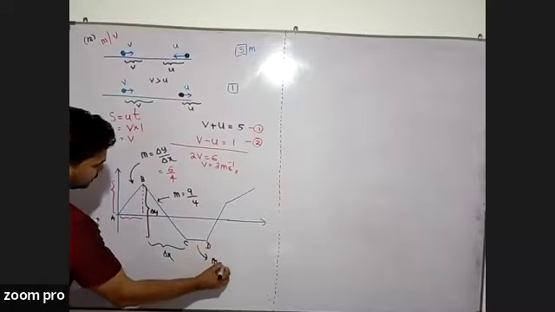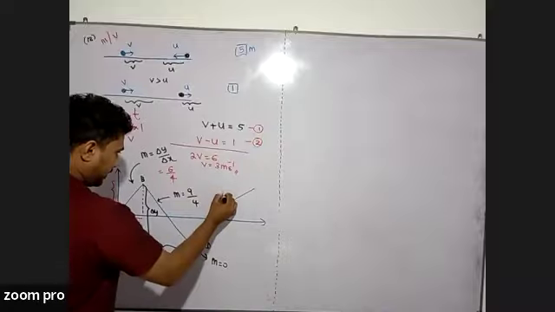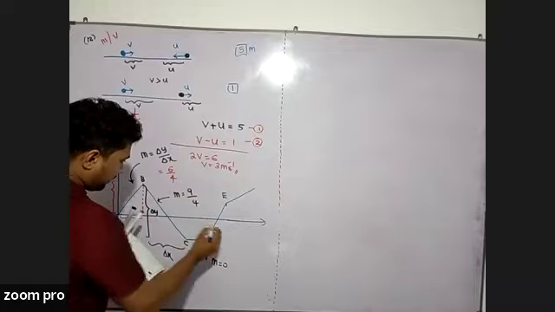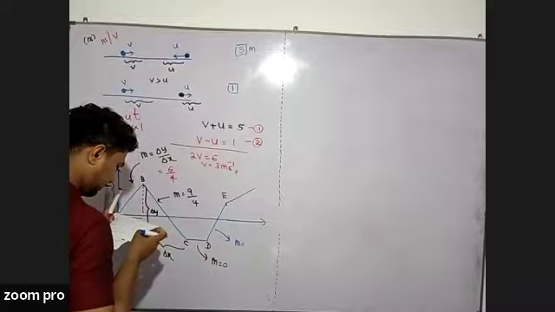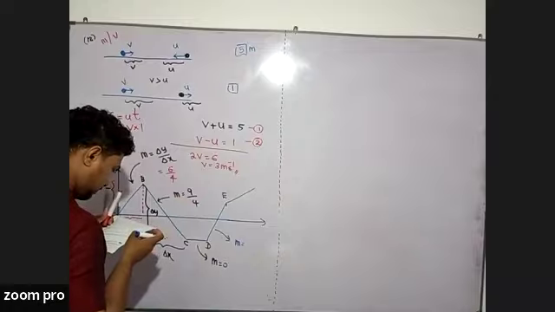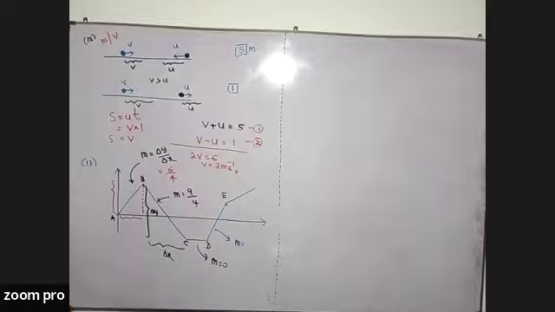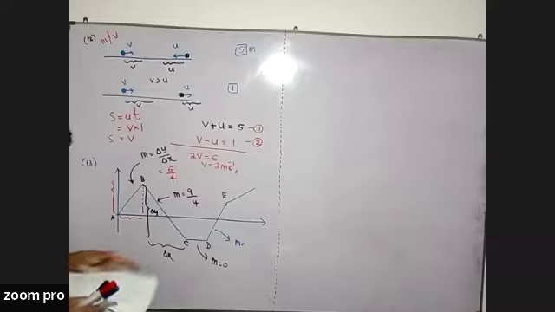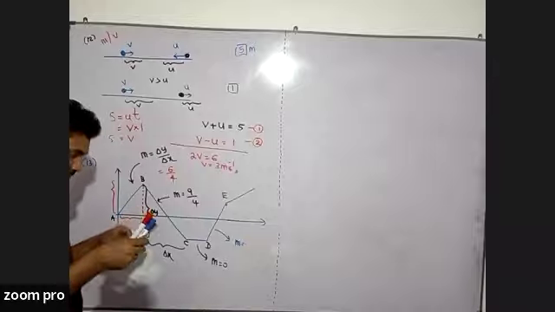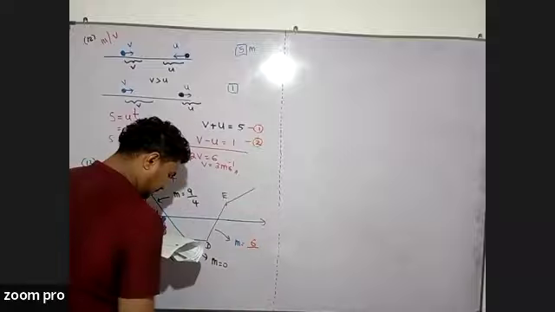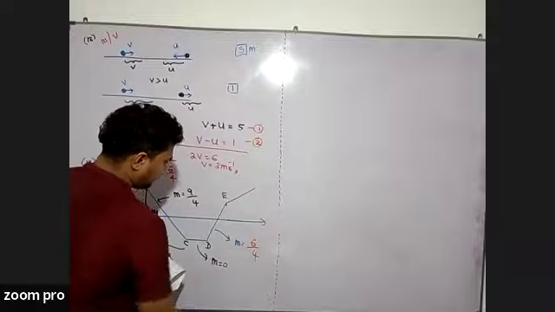From C to D, the gradient should be 0, right? From D to E, the gradient should be 6 over 4, right?